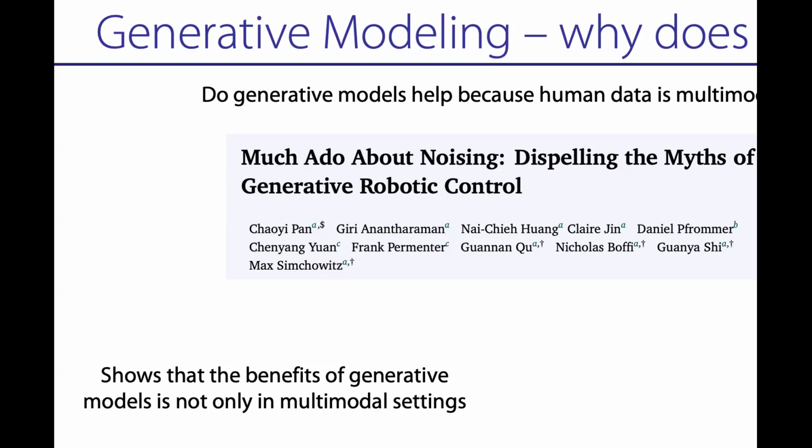It's not super obvious. Then they try to isolate the benefits and show that it's from the training procedure of most flow and diffusion models: they inject some type of stochasticity, and they have an iterative procedure to do inference. Whereas a normal MLP does one-shot prediction, here you have an iterative procedure to do inference.